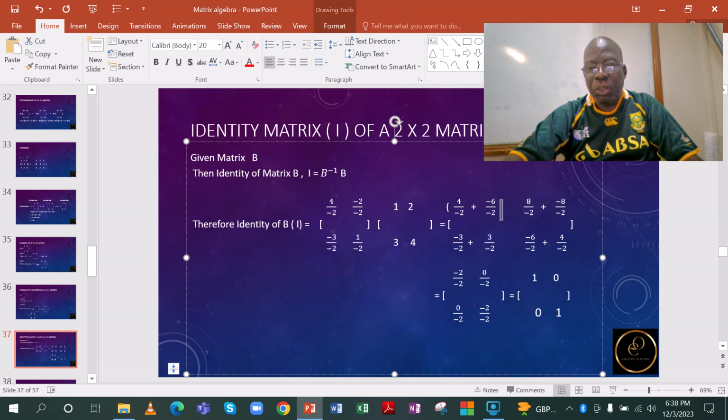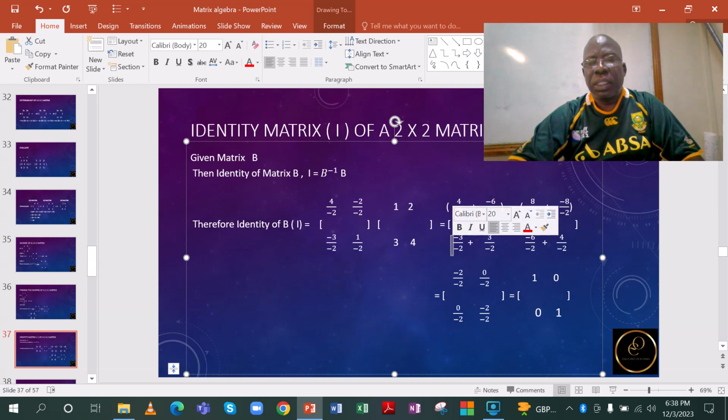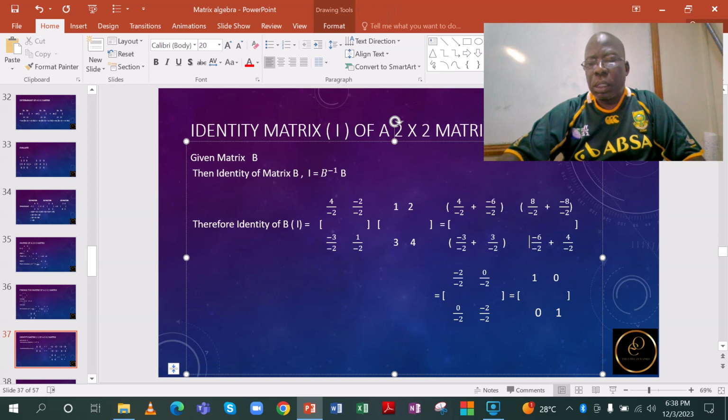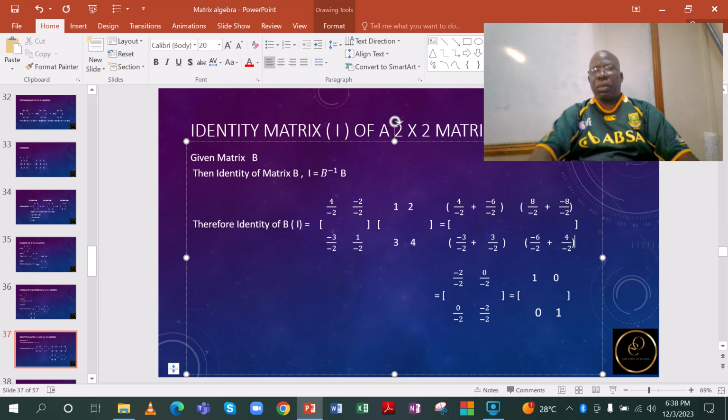These are the elements we are dealing with. Even here we are dealing with this element. Okay, that's what we have.